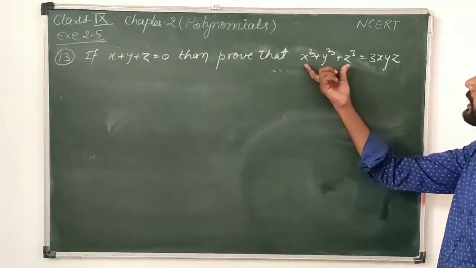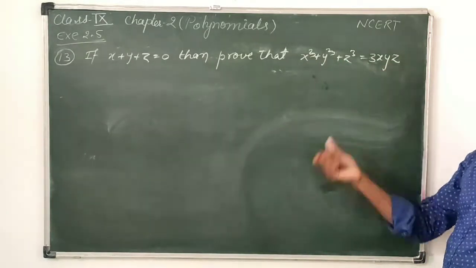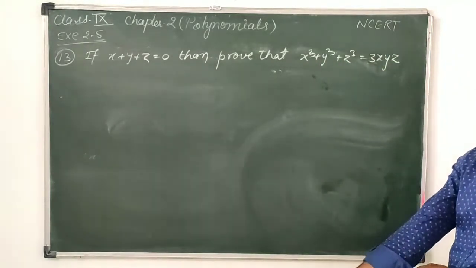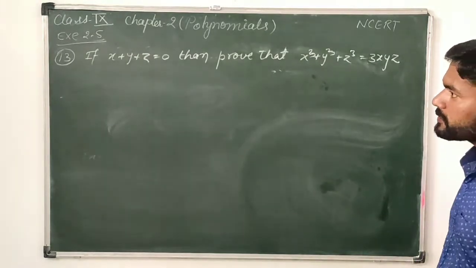We have to prove that x cube plus y cube plus z cube equals, what should the result be? Our 3xyz. So let's start.